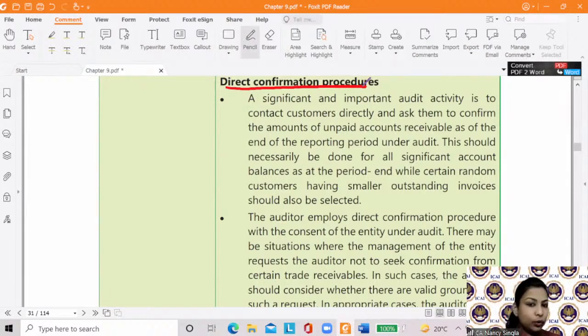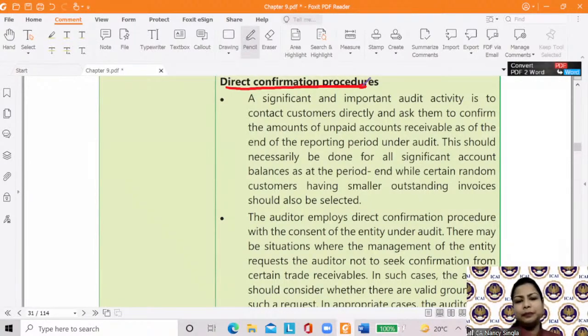See, I'll be doing this direct confirmation procedure quickly, because we have done this in detail in chapter number 3 when we completed SA 505. So first or second? The second one is more preferable because you're asking, tell us what the balance is. Okay?